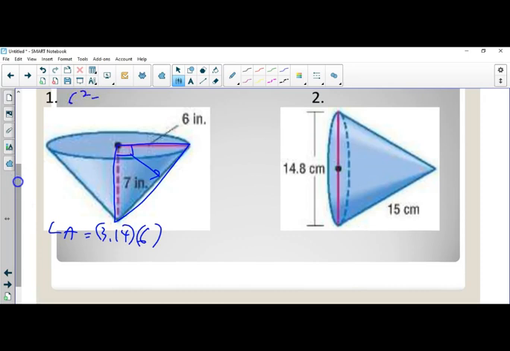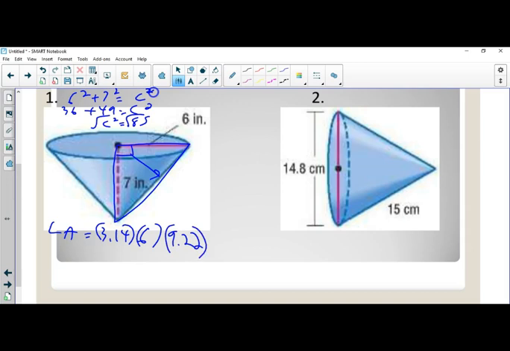So we do 6 squared plus 7 squared equals c squared. So that's 36 plus 49 equals c squared. So 36 plus 49 is 85. You just take the square root of both sides. It's going to be a little bit more than 9. 9.22. Round it.